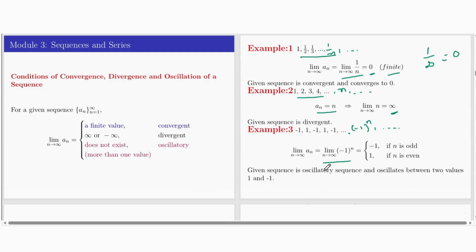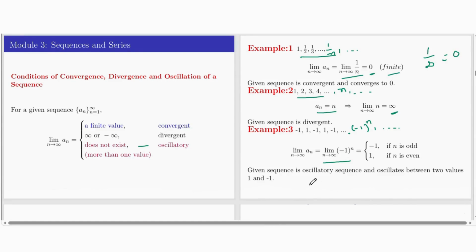So that's why what we conclude, as per this definition, after evaluating this limit, if the limit does not exist, meaning more than one finite value, we can say that the given sequence is oscillatory sequence. Okay, so here after evaluating the limit, we get two finite values, minus 1 and 1. Okay, so that's why the given sequence is oscillatory sequence and oscillates between two values 1 and minus 1.